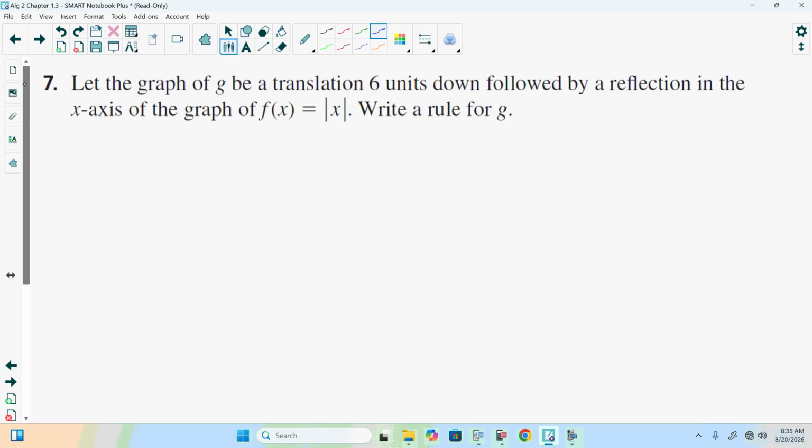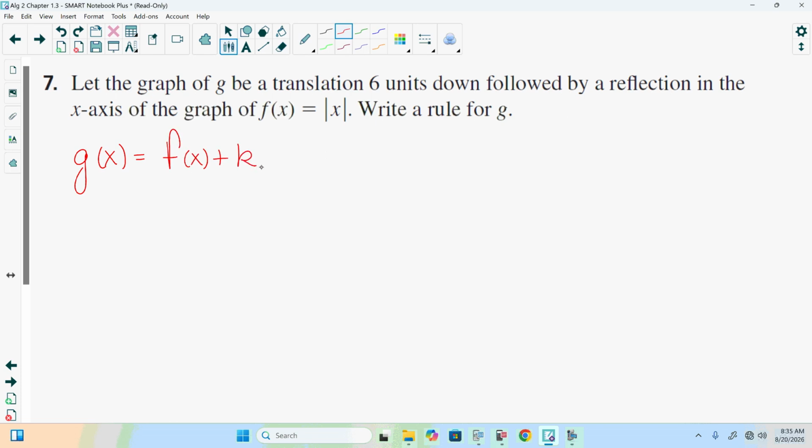Let G be a translation 6 units down, followed by a reflection in the x-axis. We could start off with saying G of x. I am not going to be specific on how you name the final one. I'm looking more at the equation than the name. 6 units down.